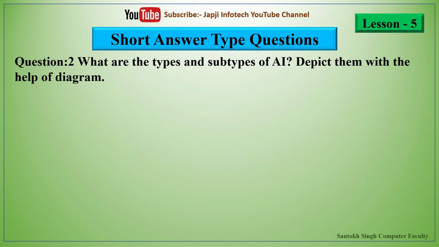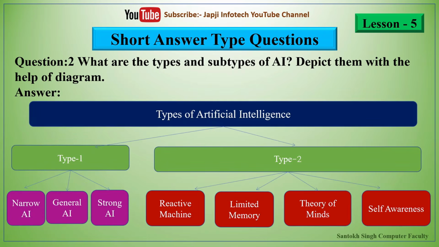The second one is, what are the types and subtypes of artificial intelligence? Depict them with the help of a diagram. So the types of artificial intelligence are, so it has two types. The first one is type 1 and the second one is type 2. Type 1 falls under three categories: narrow artificial intelligence, general artificial intelligence, and strong artificial intelligence.